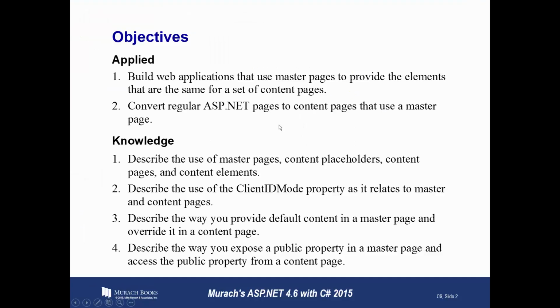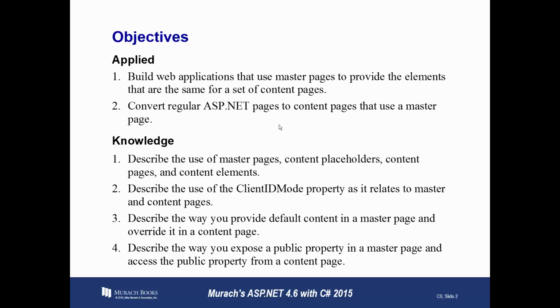As we look through our objectives, our applied objectives: build web apps that use master pages to provide the elements that are the same for a set of content pages. Convert regular ASP.NET pages to content pages that use a master page. Our knowledge objectives: describe the use of master pages, content placeholders, content pages, and content elements.